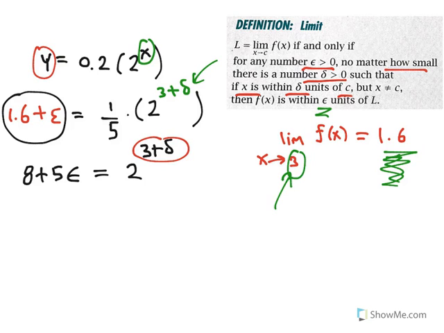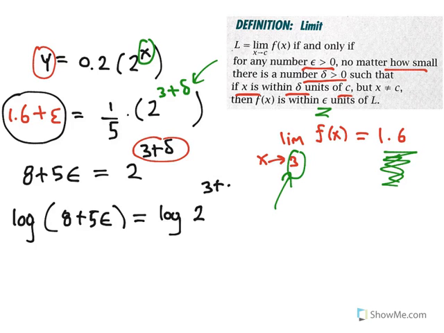So now you need to try to solve for delta, but it's in the exponent here, so you need to undo the exponentiation by taking a logarithm. So you can either do log base 2, or you can do a logarithm of a different base, such as base 10. It really doesn't matter. So you have log base 10 of 2 to the 3 plus delta. There is a property of logarithms that says you can take this and bring it to the front.